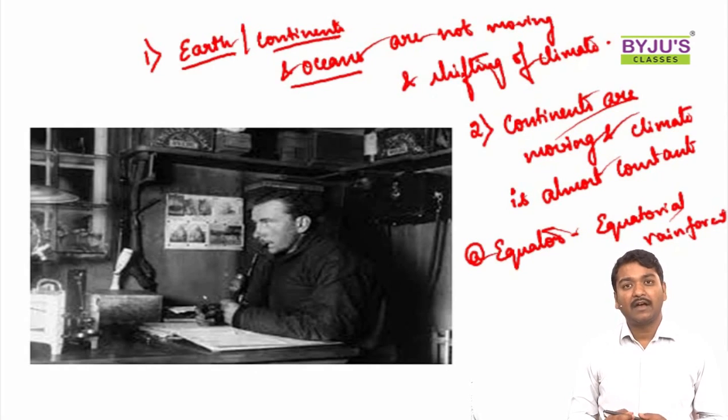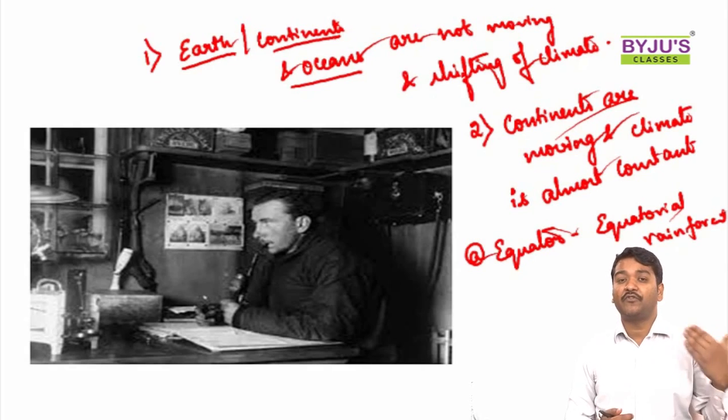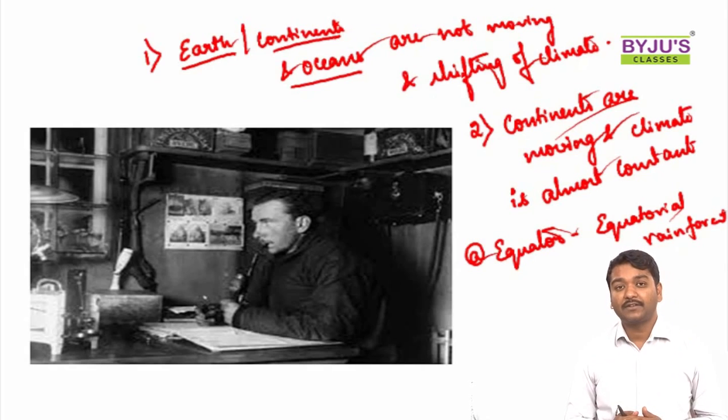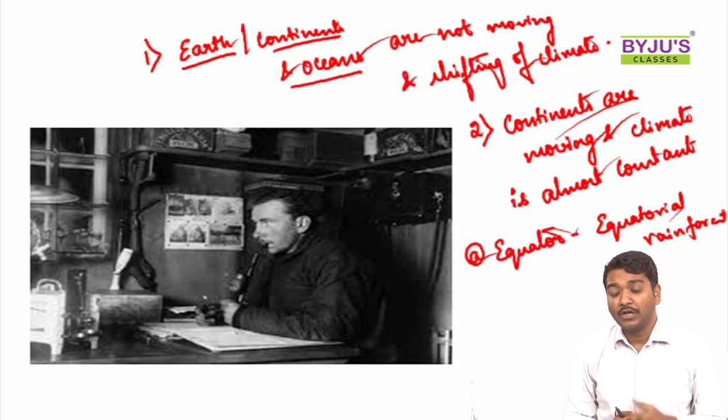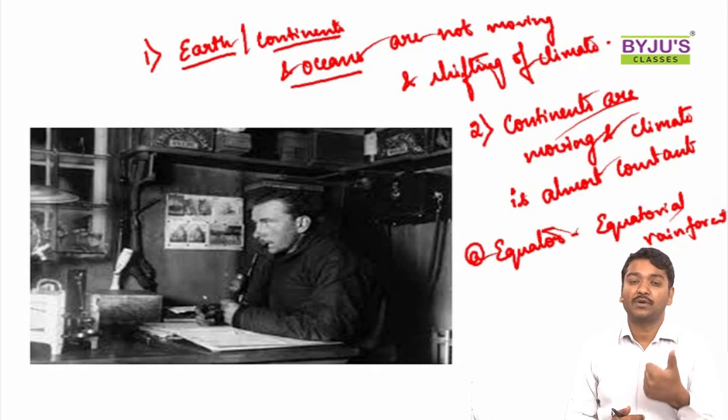He thought that there cannot be a shift in the sun's rays because scientists or geographers before him had proved that the movement of the sun, rotation, revolution, everything was clear. So he went on and said that this should be possible only when continents are moving.